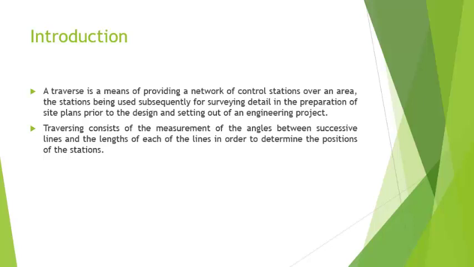The construction site can either be explored for the first time or already cleared for engineering survey. This land can be a piece of land owned by an individual or the government.